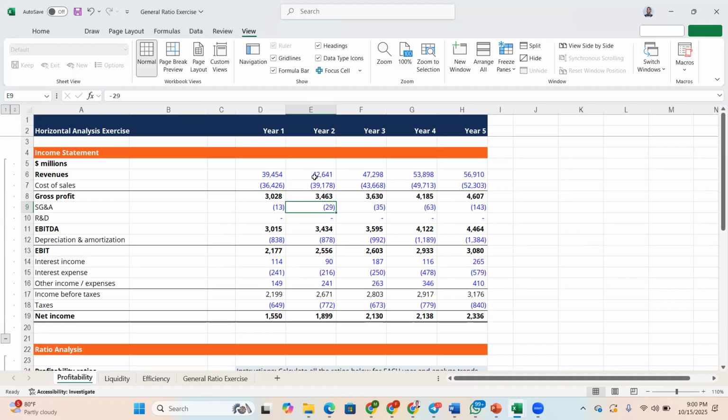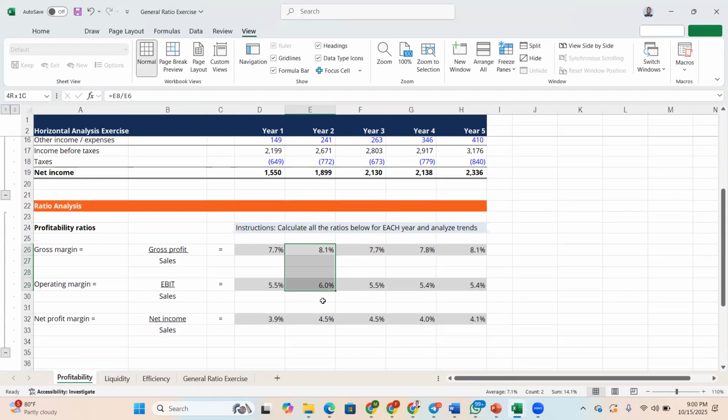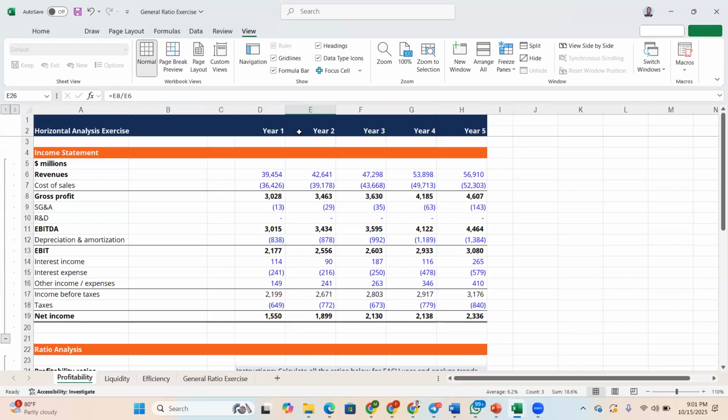The lesson is that we don't just assess the performance of a company by looking at the financials. When I asked everybody, everybody said year five, because year five has the highest net income. But when we use our ratios, we see that year two performed better, because the company was able to manage cost.